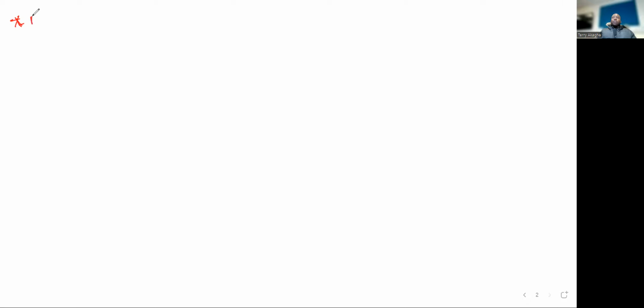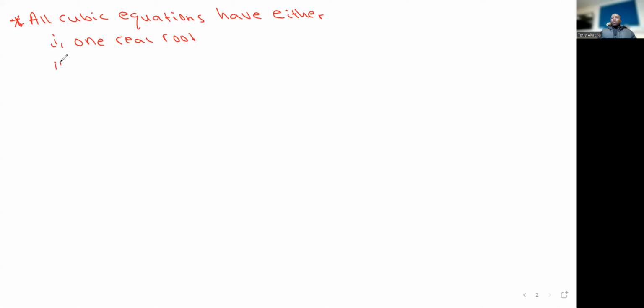So all cubic equations you're going to have will have either one real root, or number two, three real roots.